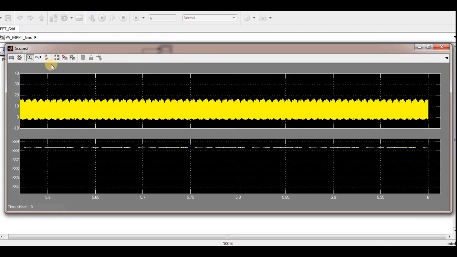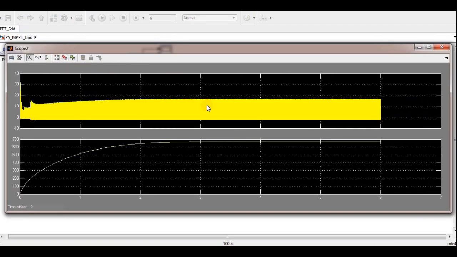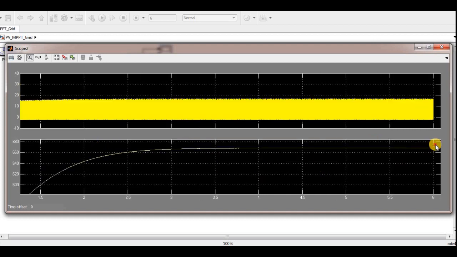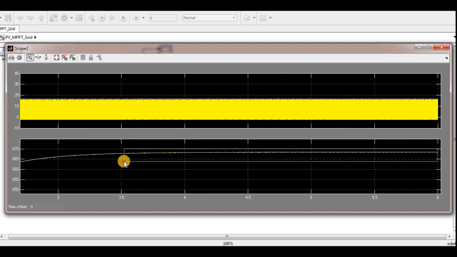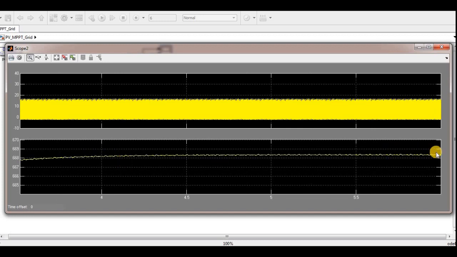See, this is actually my DC link current, the input current of the inverter, and this is my output of the PV system or input of the inverter. Earlier I told that this should be at 660 or 667 according to my VMPP.